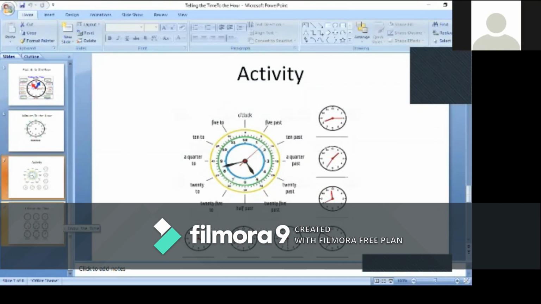Just like we did a while ago, 2:45, another way to say that is 15 minutes to 3. So you're going to count up your minutes, write the time you get, then write it in minutes too. So there are 2 ways to do it. Okay, boys and girls? Yes, miss. Very good.